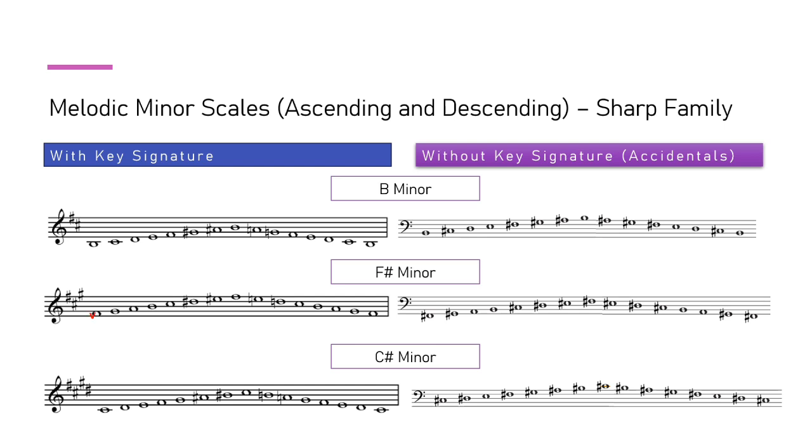But you may say, oh, it's starting from F, is it F minor? No, it's not F minor, because the relative major of F minor is A flat, so F minor is also a flat family. But this is a sharp family. So you should say, oh, maybe this is F sharp.